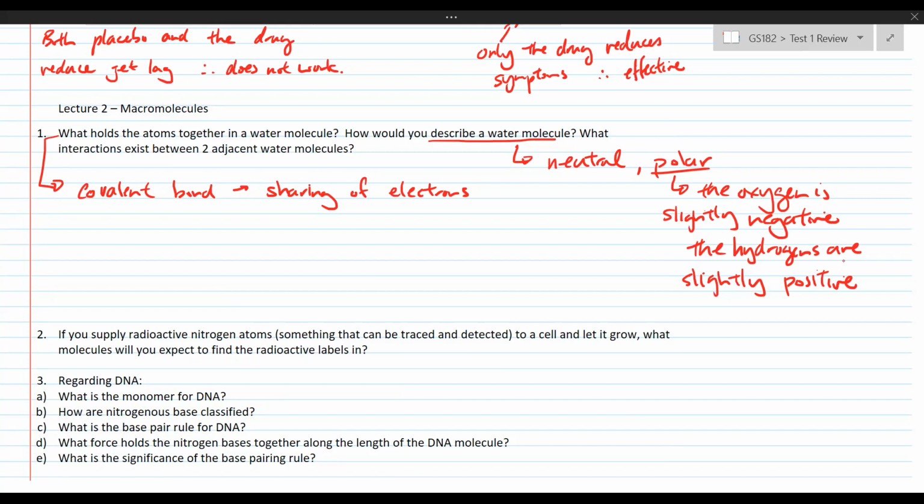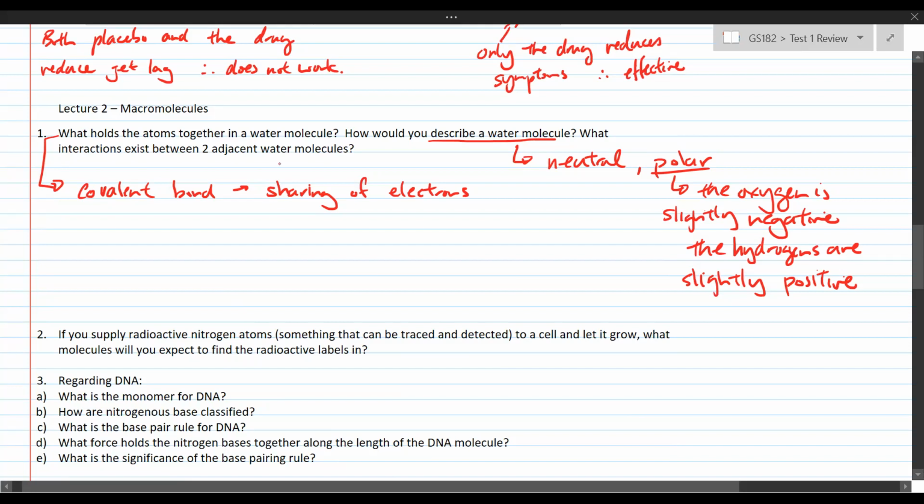So what interactions exist between two adjacent water molecules? Well, if I put an H2O next to another H2O, since this is slightly positive and this is slightly negative, they will be attracted to each other.